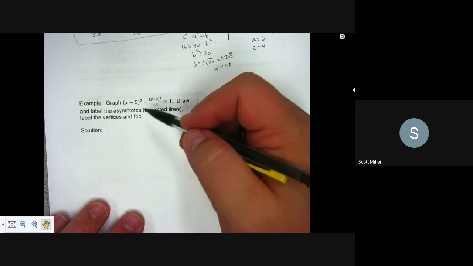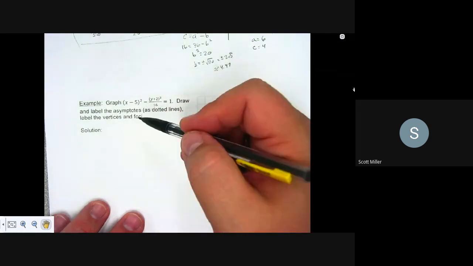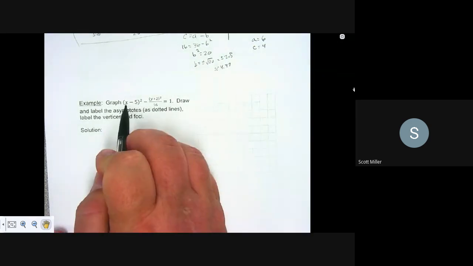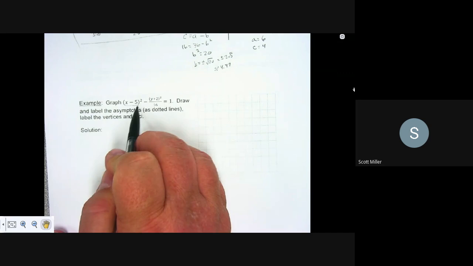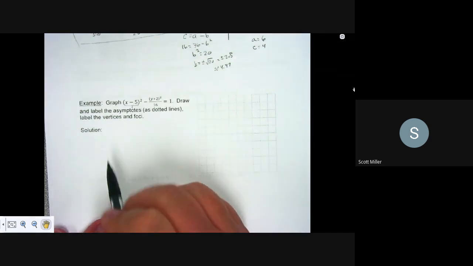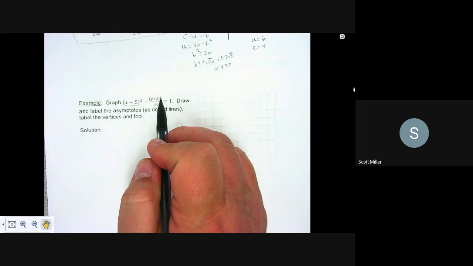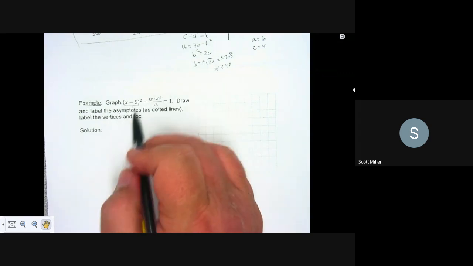But we have to look at a situation like that. We want to draw this graph, label the asymptotes as dotted lines, label the vertices and the foci and all that good fun stuff. So what do I know? Based off of this, we know there's a number underneath here. Since there is none written, we know it's a 1. Since y is negative, x is positive.